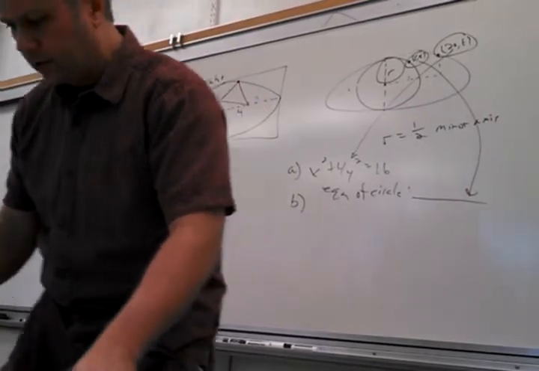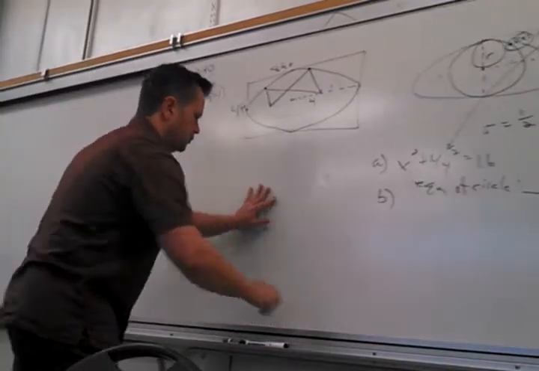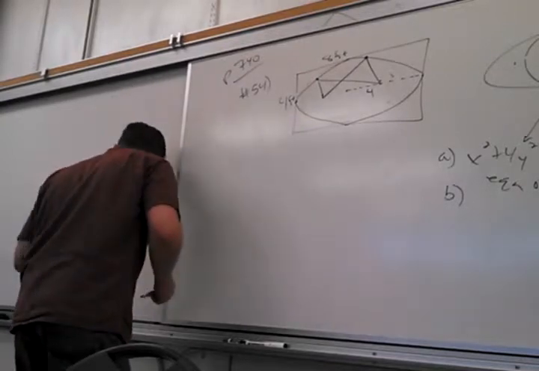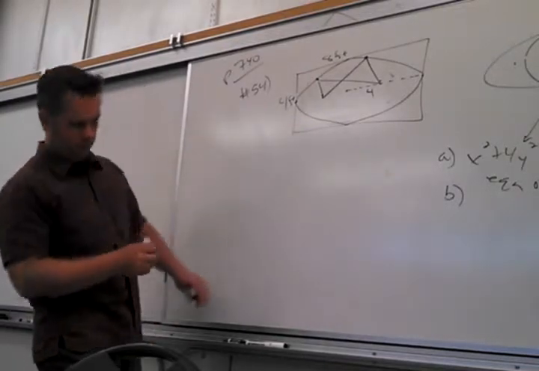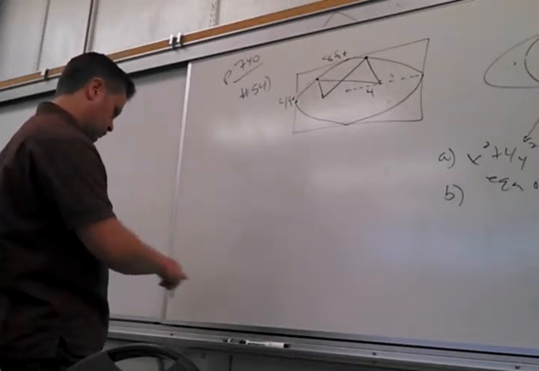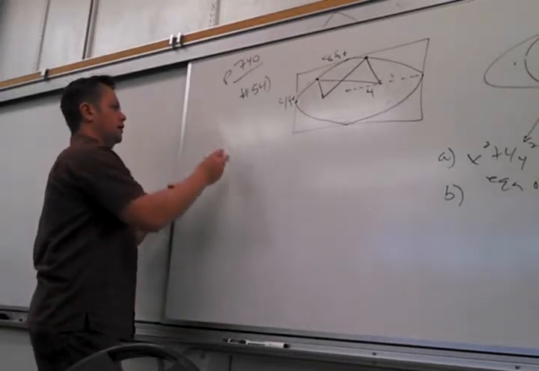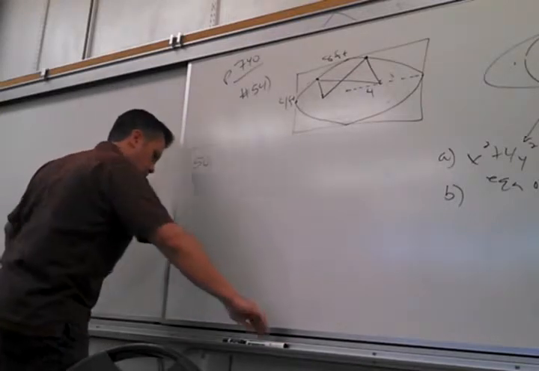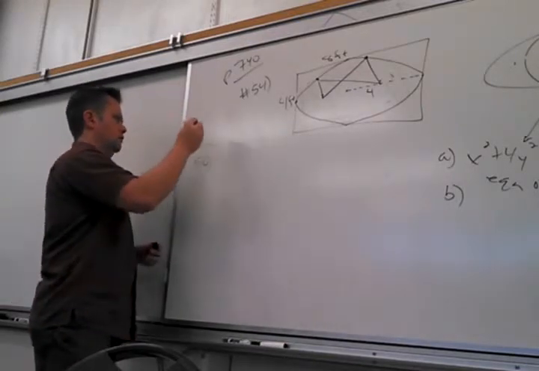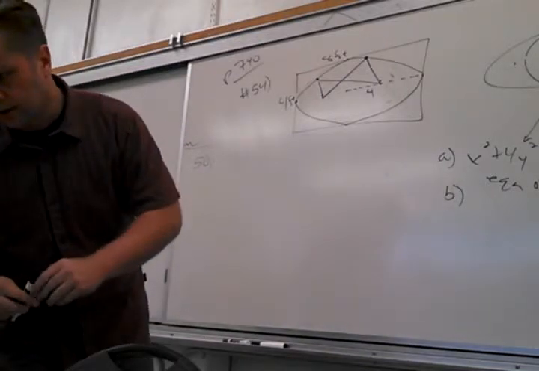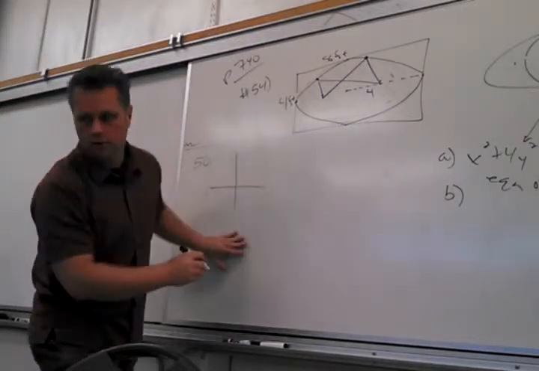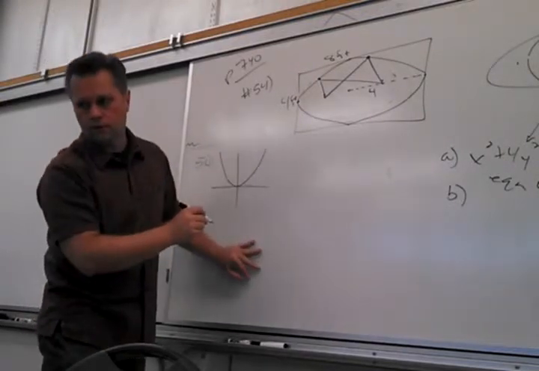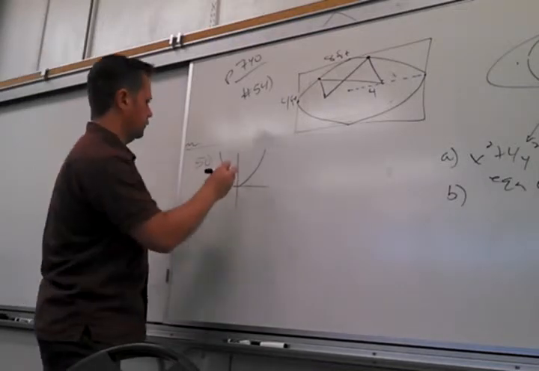So what's it say? Find an equation of the parabola. So they give you, oh, this poor little dude. Who else is here? Oh, it's just gone. Okay. So 50. They give you this picture here. Here's the focus.